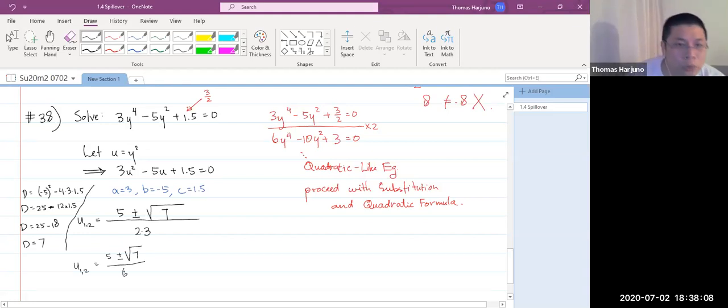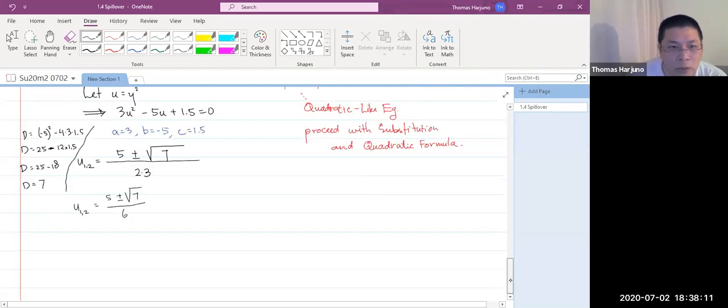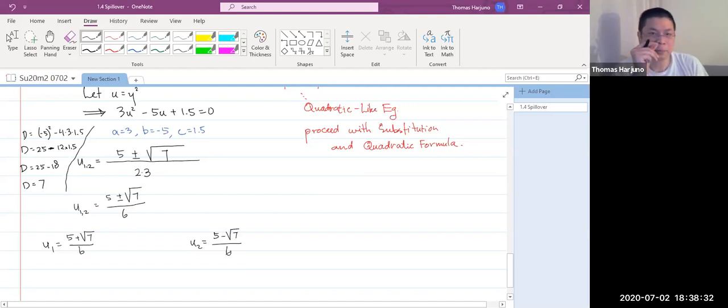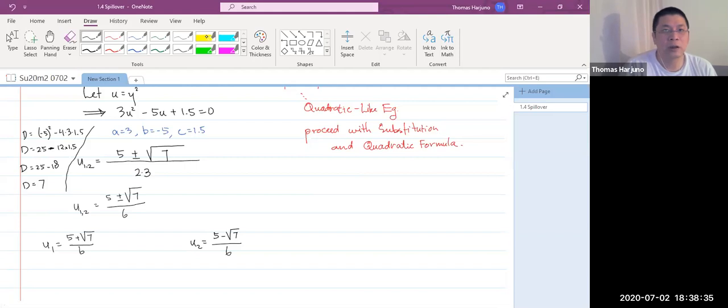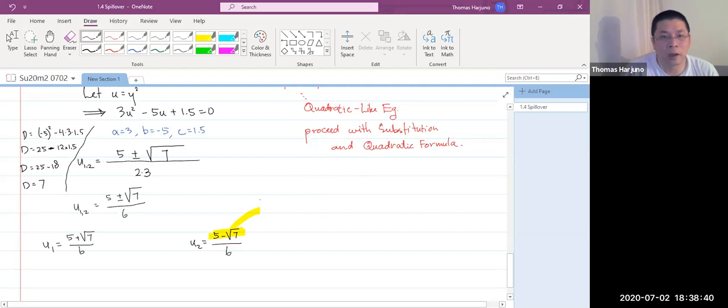Now remember I told you when you have your answer, you need to split it here. One of the main reasons is because you have this situation, u1 is 5 plus square root of 7 over 6. And for u2, let me write it here, that's 5 minus square root of 7 over 6. Now notice that 5 is greater than square root of 7, because 5 is equal to square root of 25, right?